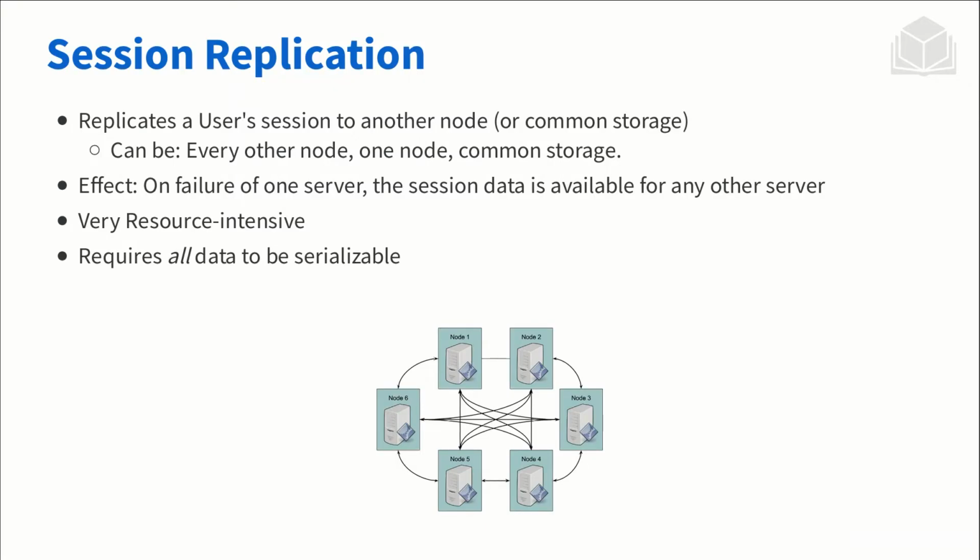Session replication, as we see in this diagram, might be something that really steeply affects your performance when you replicate all of the sessions to all of the other machines. The more machines you have, the more chatter there is in between the machines and your performance will go down. Now, this is not the only solution on session replication.